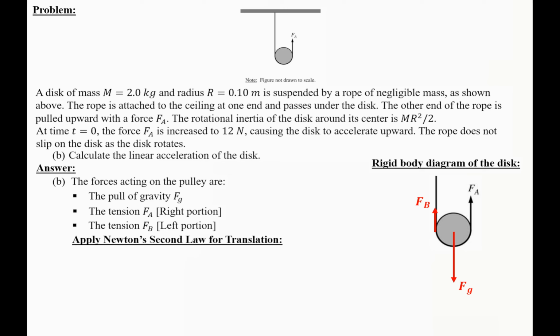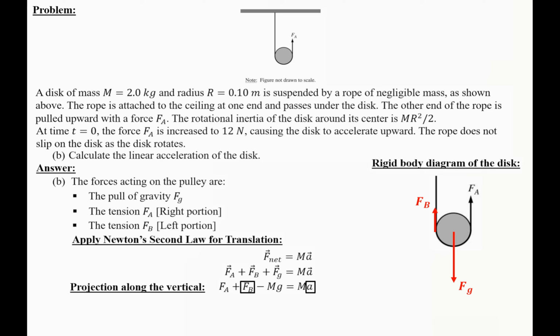Now let's apply Newton's second law. First for translation, F net is ma, which means Fa plus Fb plus Fg is equal to ma, and taking the positive direction to be up, then Fa plus Fb minus mg would be equal to ma. We're interested in searching for a, but how many unknowns do we have?